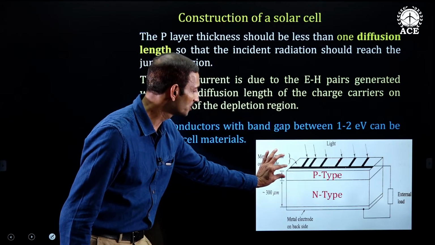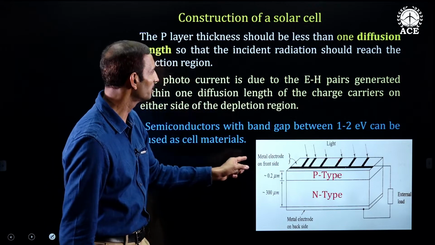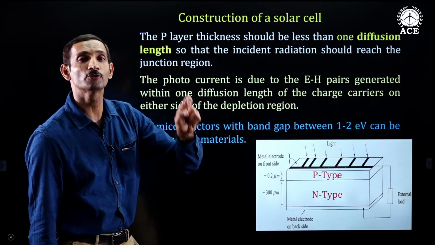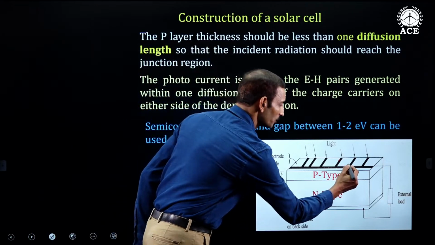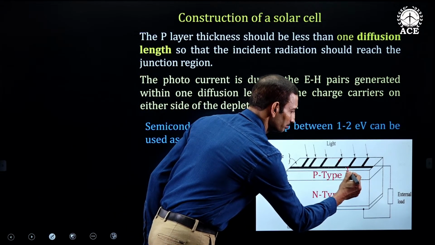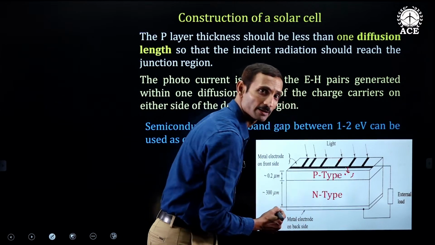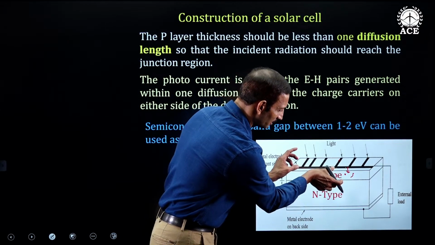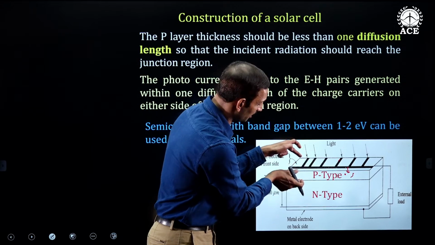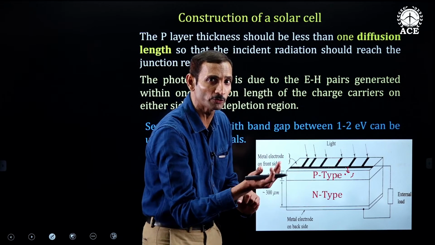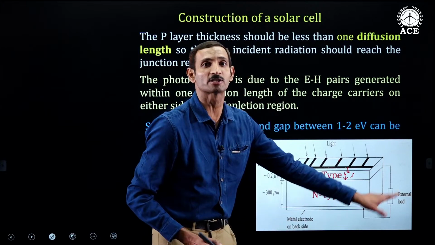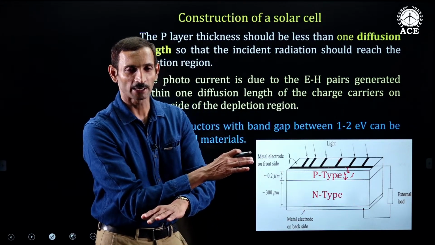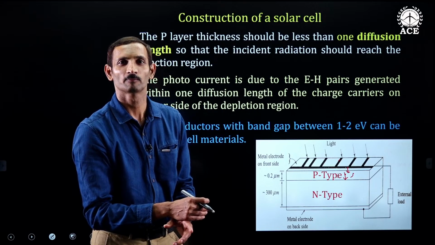That's why this is made very thin. So it should be less than the diffusion length of the charge carrier. Suppose a photon falls over here and produces a charge carrier. If the thickness of the p layer is more than one diffusion length, the charge carrier automatically gets annihilated before it reaches the n side, or the junction.